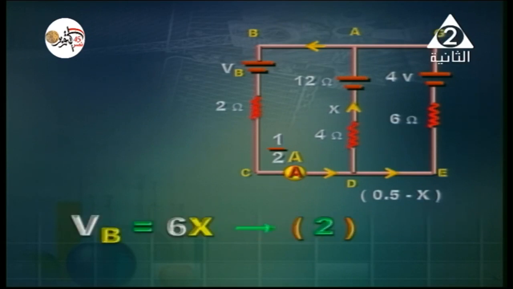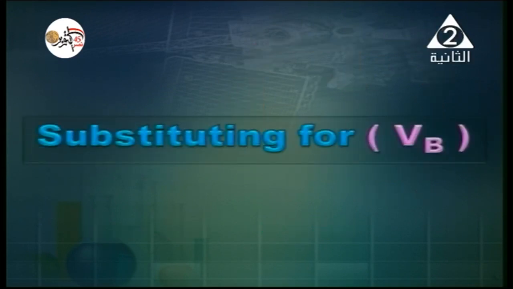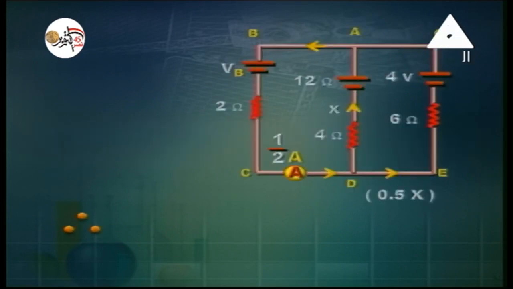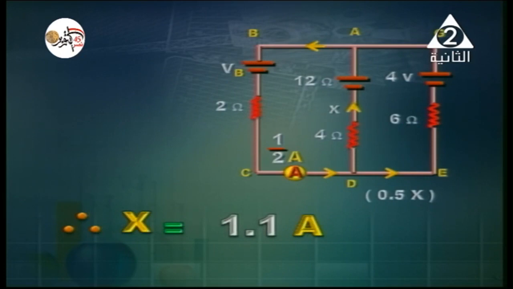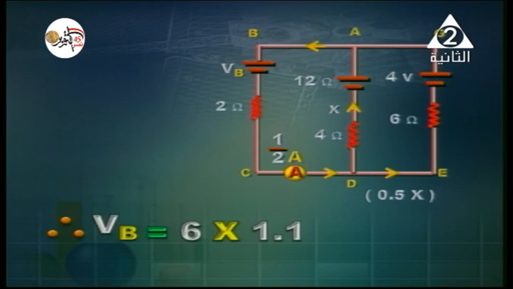So V battery is equal to 6x, this is the second equation. And substituting for the value of VB in terms of x, we'll obtain x is equal to 1.1 ampere. And V battery should be 6x, so 6 times 1.1, it is 6.6 volt.